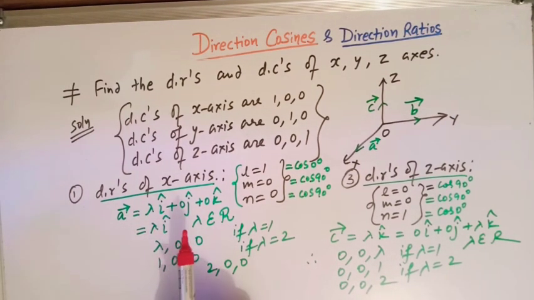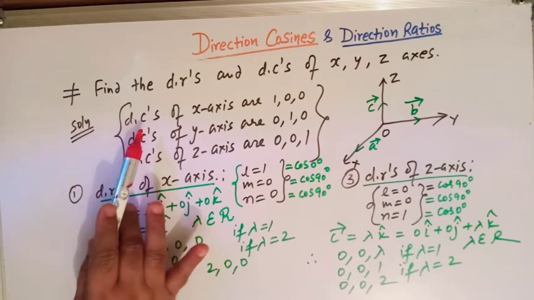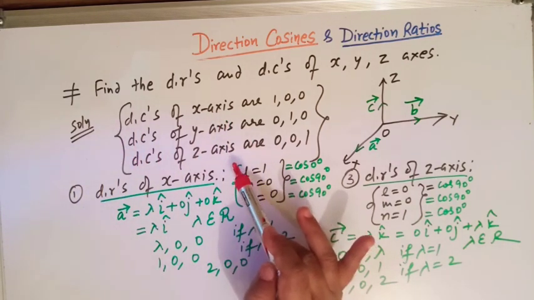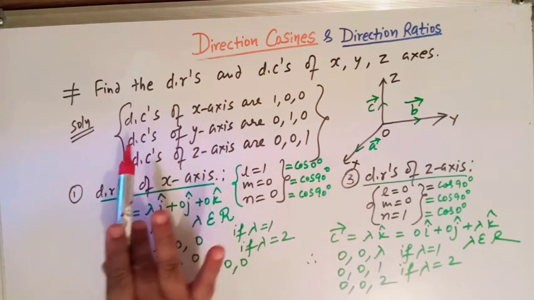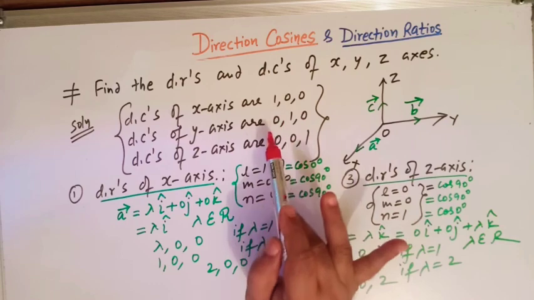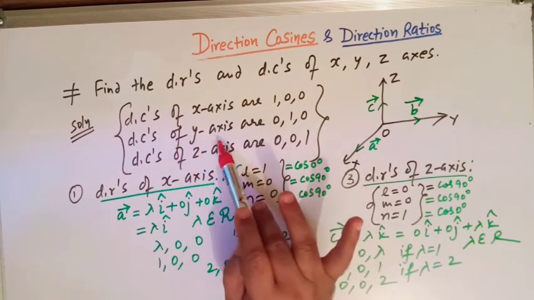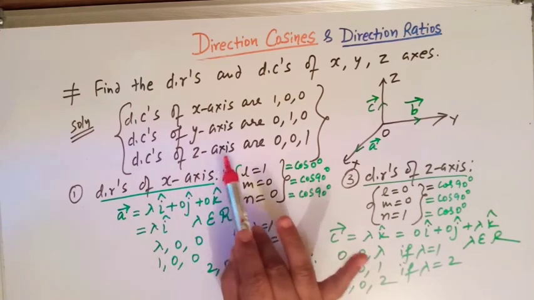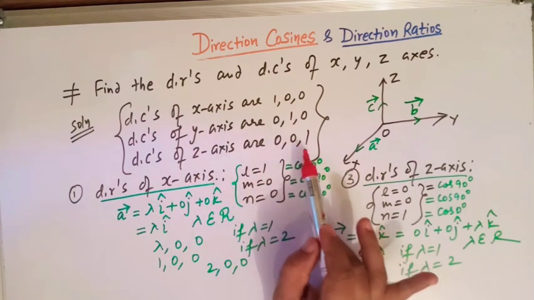But in all cases, the direction cosines of x-axis, y-axis and z-axis remain the same. That is, the direction cosines of x-axis are 1, 0, 0, and the direction cosines of y-axis are 0, 1, 0, and direction cosines of z-axis are 0, 0 and 1.